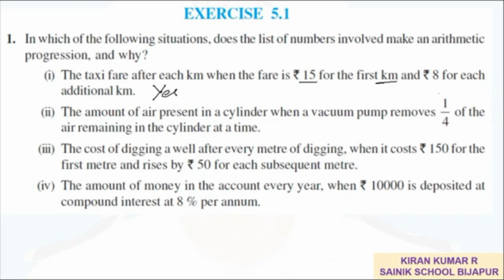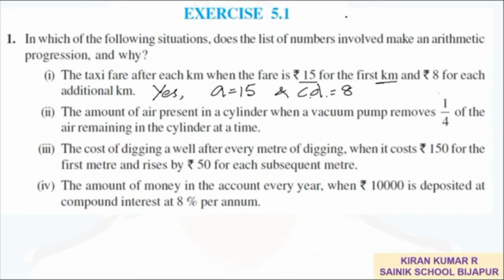Yes, it forms an AP. The reason is, the first term I'll consider as 15, so it is 15 rupees for the first kilometer, and the common difference I would consider as 8. Suppose 2 kilometers is the total distance traveled, then the taxi fare would become 15 plus 8, which is 23.